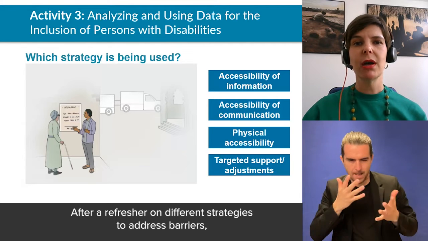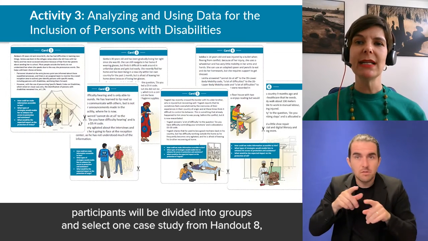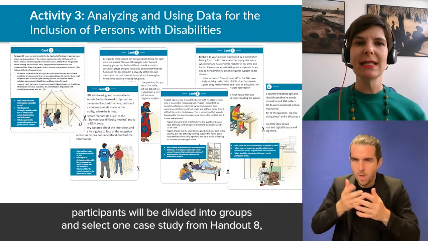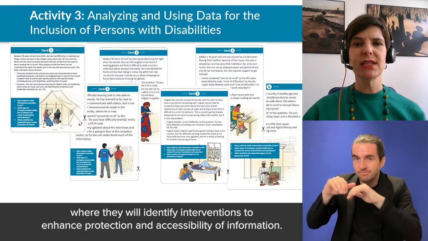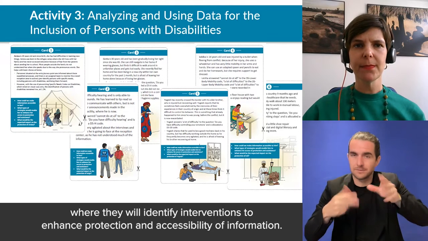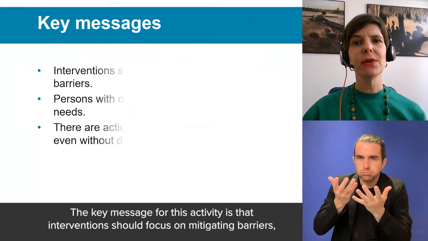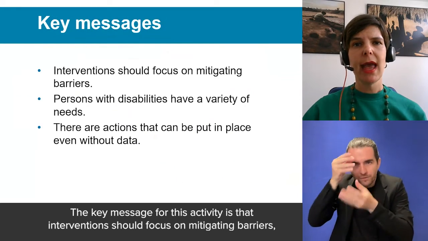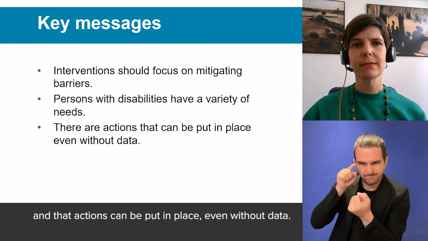After a refresher on different strategies to address barriers, participants will be divided into groups and select one case study from Handout 8, where they will identify interventions to enhance protection and accessibility of information. The key message of this activity is that interventions should focus on mitigating barriers and that actions can be put in place even without data.